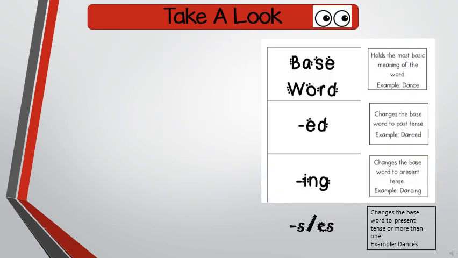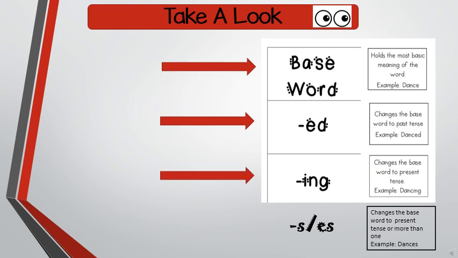So if we put it all together, we take a look and we say there's a base word, and that holds the most basic meaning of that word or the root word. So the example would be dance. We can add that ed to the end of it and make the word danced, which means it happened in the past. Or you're reading and you see the ing, that's the word dancing.